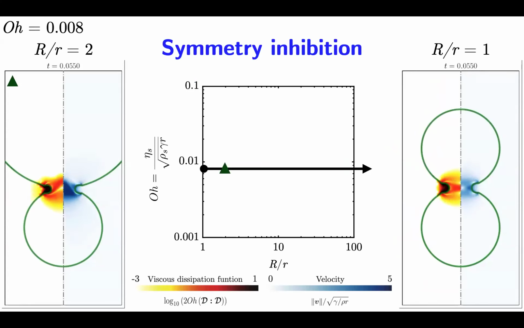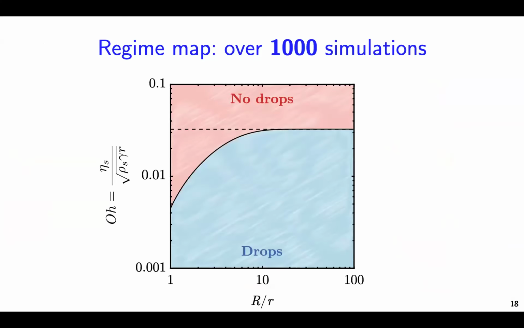Okay, all right. So I showed you the mechanism, then I showed you the two ways to inhibit. Now let us look at all the cases together. So now here is the regime map, which has over 1,000 simulations, which we now interpret as a classifying mechanism between droplets and no droplets, and that's the line that classifies the two cases.